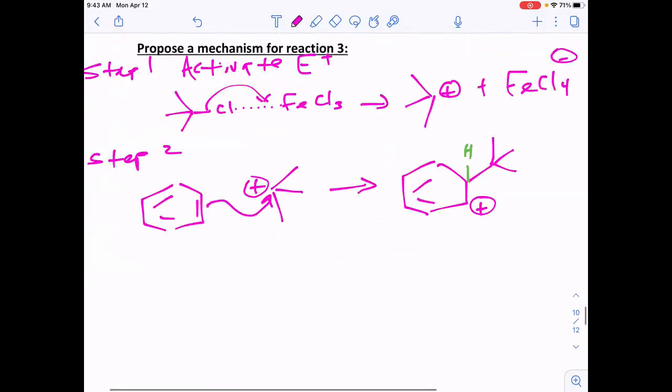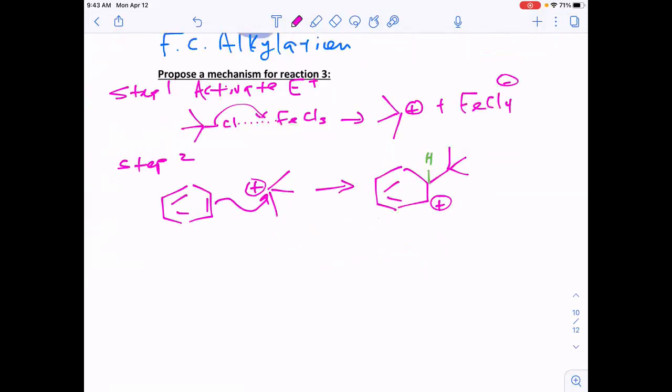All right. And then in the third step, what happens? You reestablish the aromaticity. Doesn't change. Just like all the other reactions we looked at, you went through an activation and then a nucleophilic attack and then reestablish aromaticity because you don't want to break that aromaticity up.